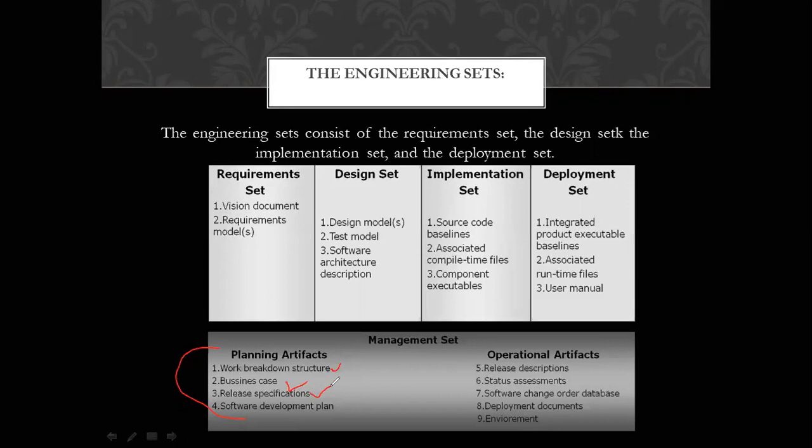Then comes your status assessment. Oh sorry, not status, I directly jumped on that one. Software development plan. Software development plan is about all the things that are to be documented as a software development plan, and that plan comprises some things like your project process instance.